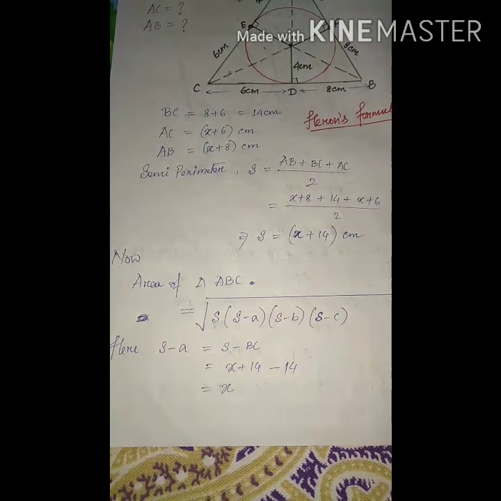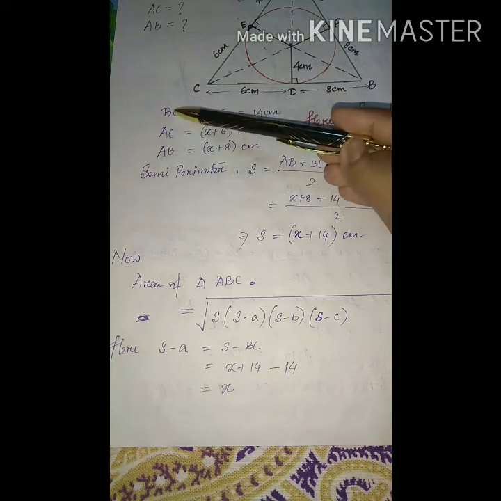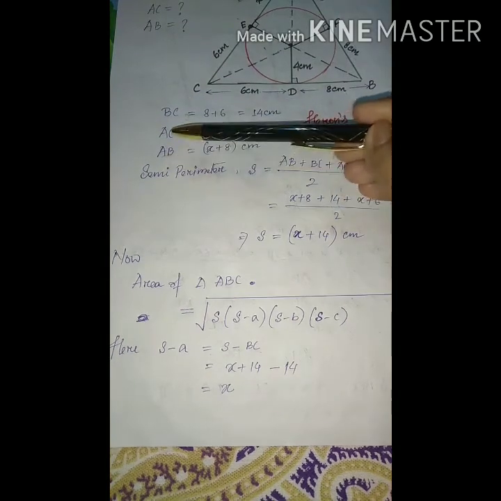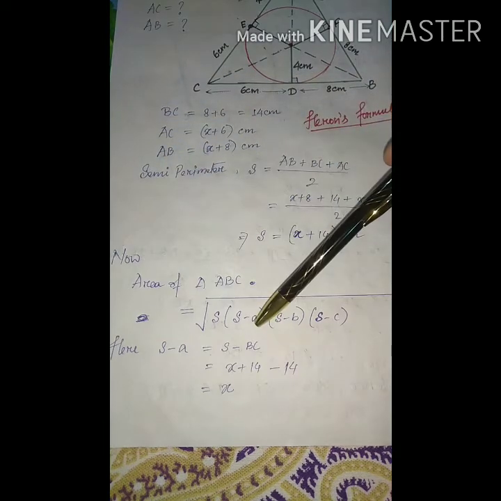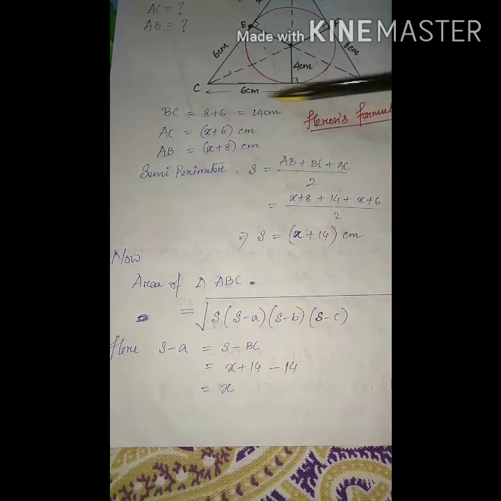We know S is the semi-perimeter. What are A, B, C? They are the lengths of the sides. In this question, small letters a, b, c are not mentioned, so we simply consider BC, AC and AB. A means any one side, you can choose. So we consider A to be BC.